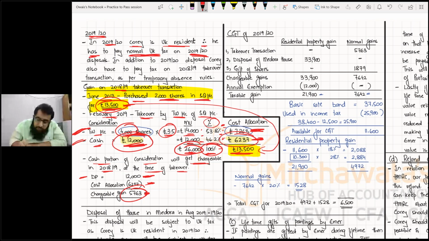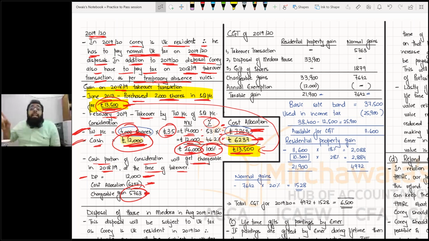In addition to 2019-20 disposals, Corey also has to pay tax on the 2018-19 transaction as per the temporary absence rules we just discussed.